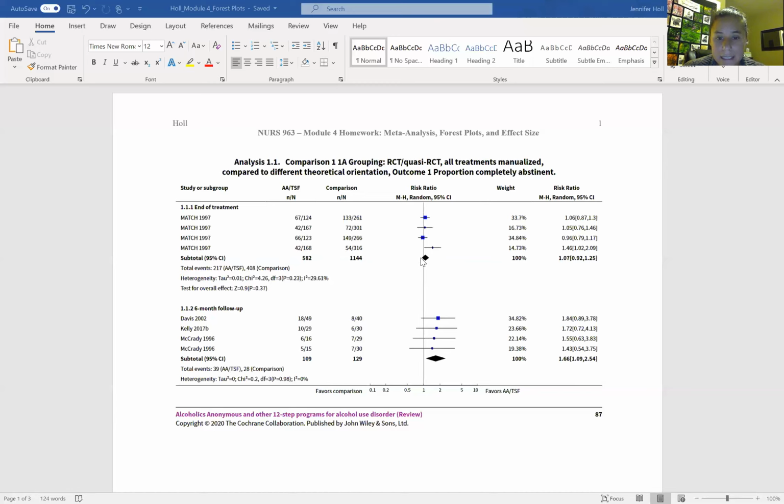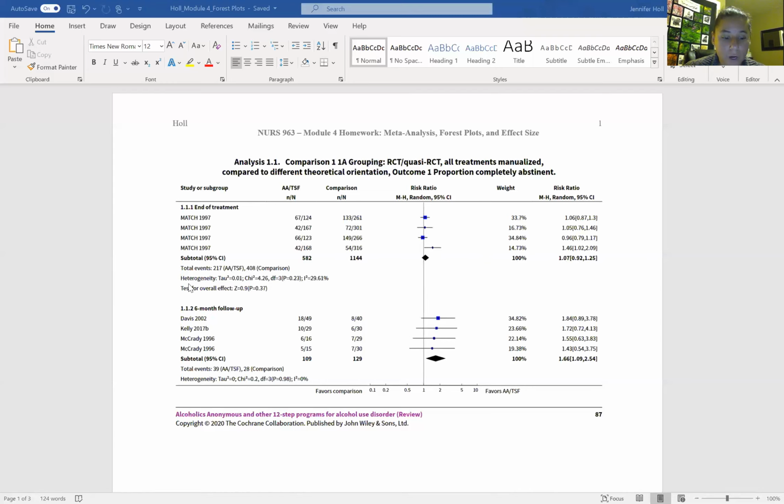So you can see that the tip of this triangle crosses the line of no effect, which means that our p-value is not going to be statistically significant. And you can see that that is true. Our p-value is 1.07, and so therefore we do not have a statistically significant result here. And you can see that represented visually here because the tip of the triangle, the confidence interval, goes right through the line of no effect.